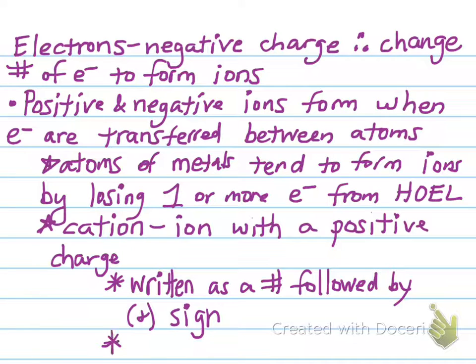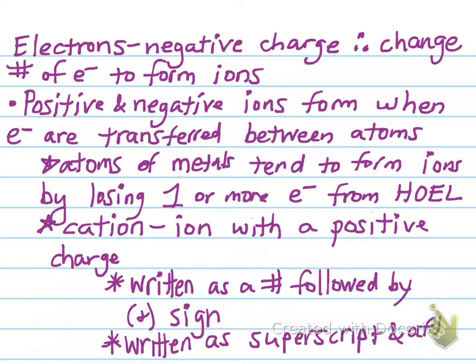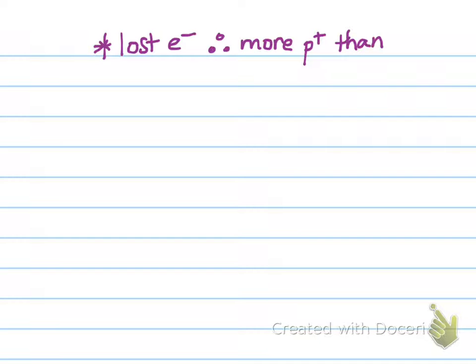These are written as a superscript, so that means that they're up high and after the symbol. And in a cation, we have lost electrons. Therefore, we're going to have more protons than electrons. Therefore, we have a positive charge.